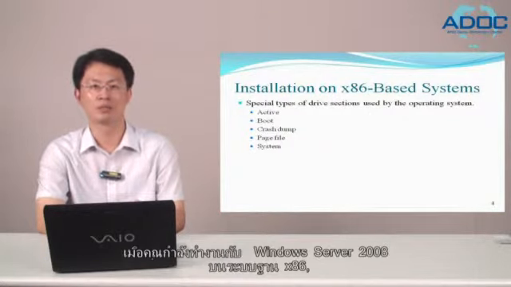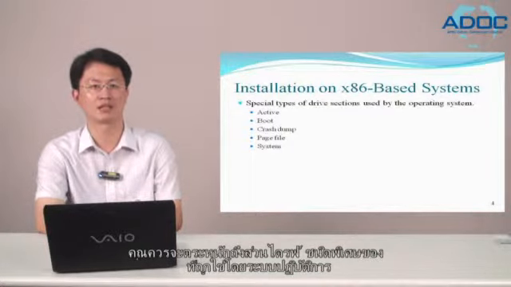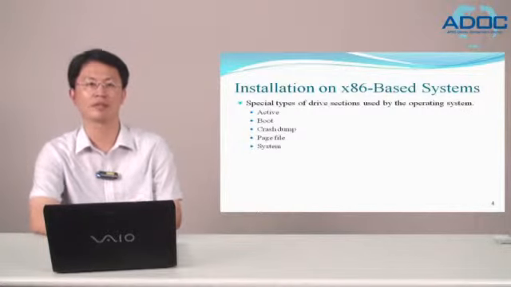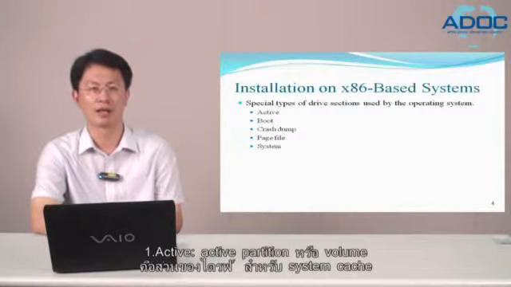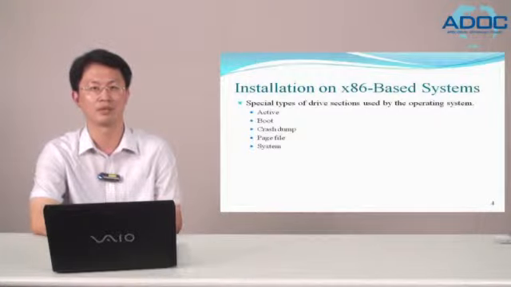When you are working with Windows Server 2008 on x86-based systems, you should be aware of the special types of drive partitions used by the operating system. The first one, active. The active partition or volume is the drive partition for system cache and startup.